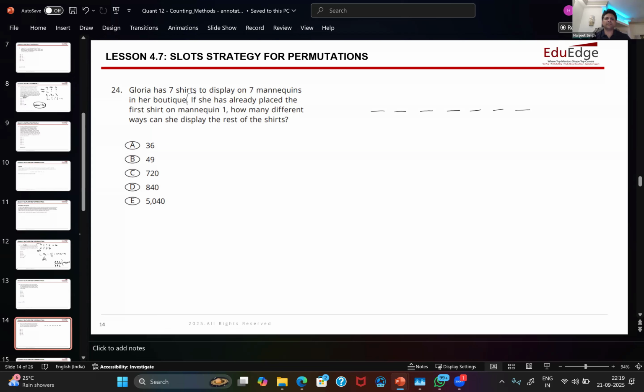But there's a constraint here. She's already placed the shirt here. Already done. Which means position number 2 is left. Placement problem is also arrangement, by the way. If you see the word placed, it's generally arrangement.